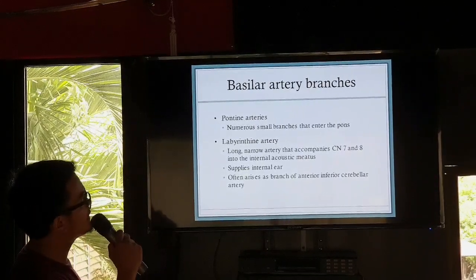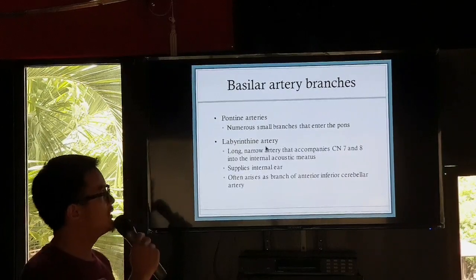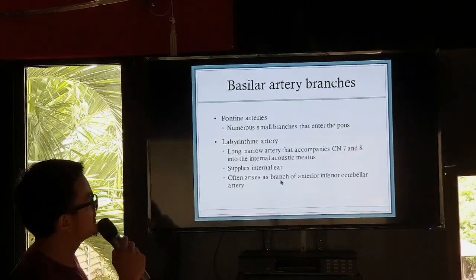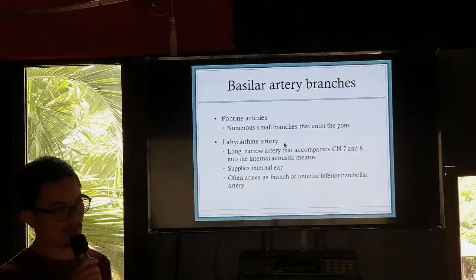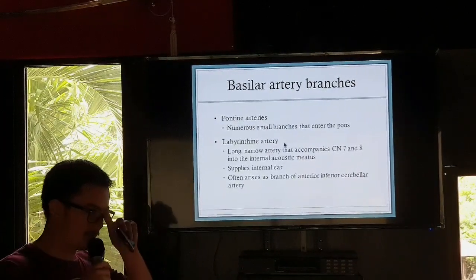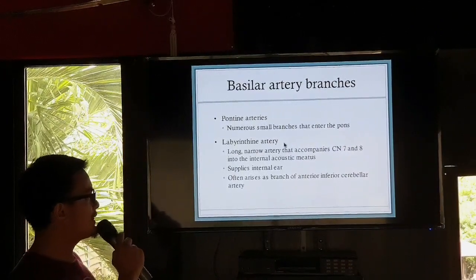Now you have the basilar artery branches, the pontine arteries. There are numerous small branches that enter the pons. Remember, the basilar artery is formed at the lower surface of the pons, approximately the base of the pons. Then you have the labyrinthine artery.